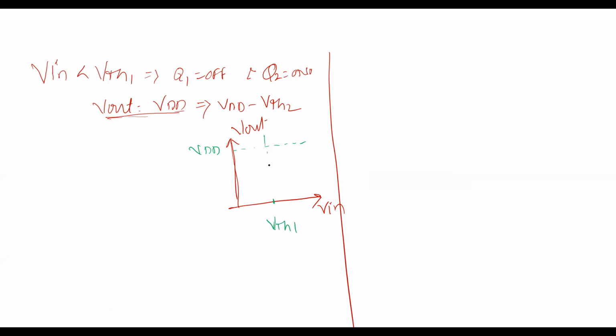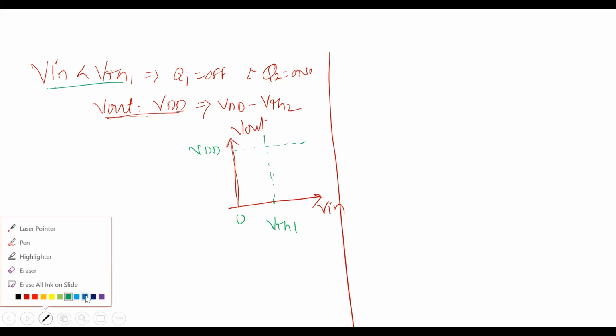Whenever the input is less than VTH1, the lower device will be off. So the output is not VDD as we thought, but VDD minus VTH2. In the characteristics you can show it like this.